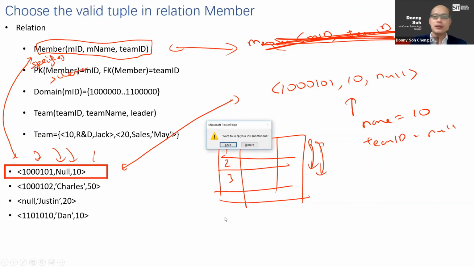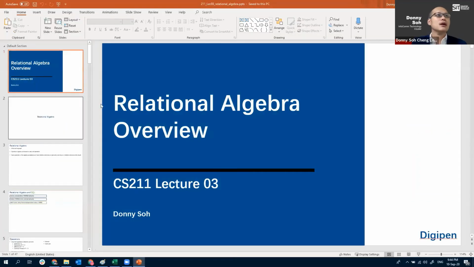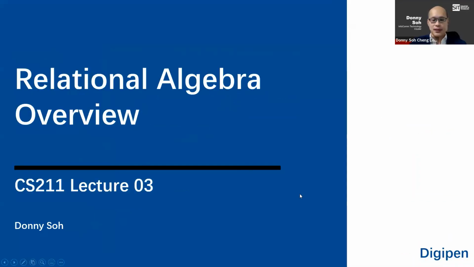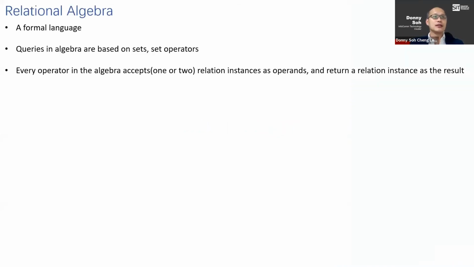Okay, let's go on to the next part. In relational algebra, all the queries that we do get translated to relational algebra, and then they get optimized. It is a formal language based on operations.